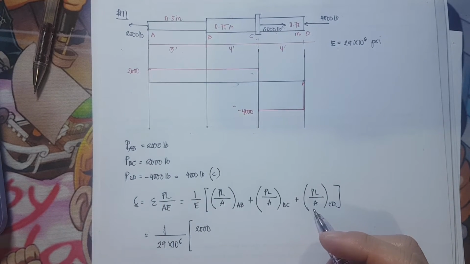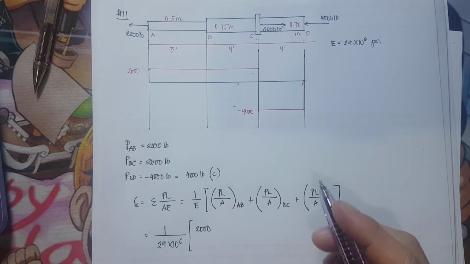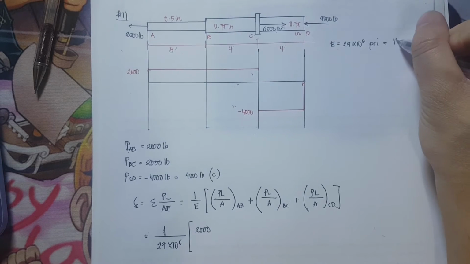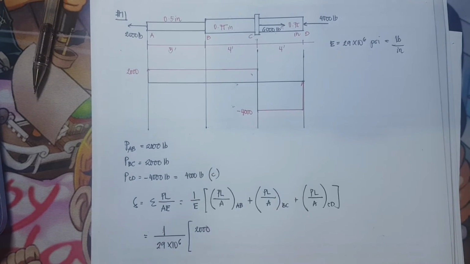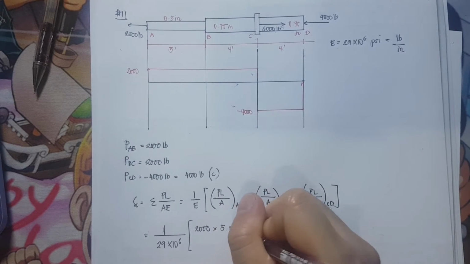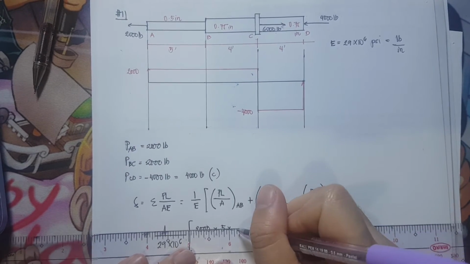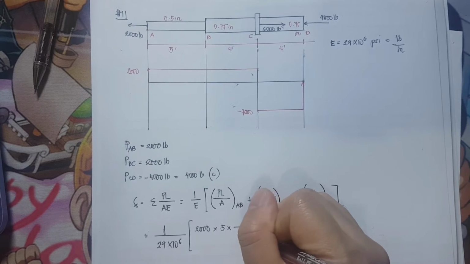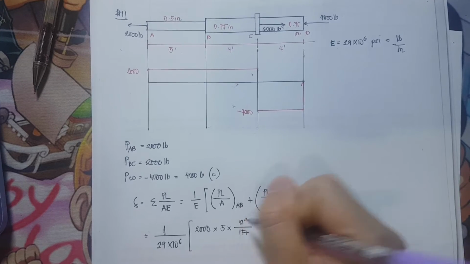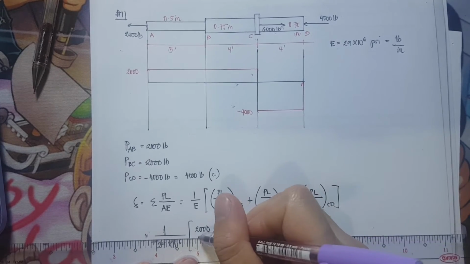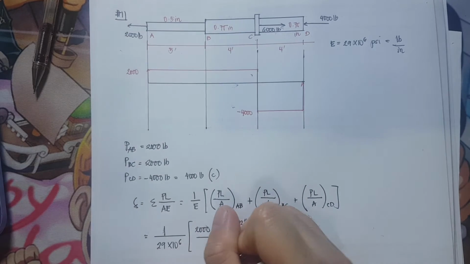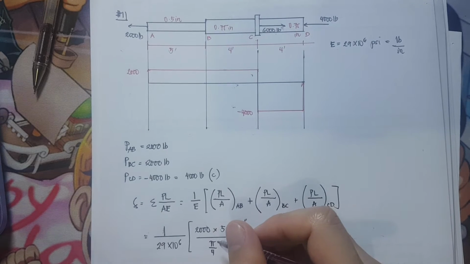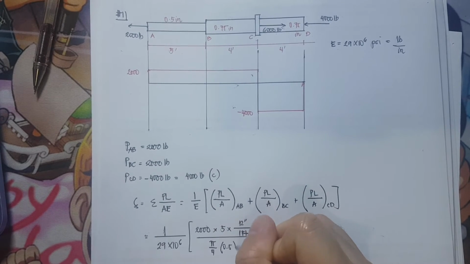Okay, so we convert the feet into inches because we are dealing with psi, which is equivalent to pound per square inch. So the length is 5 feet times 1 foot is equivalent to 12 inches, divided by the area. What is the area? You have pi over 4 times the diameter of 0.5 squared.